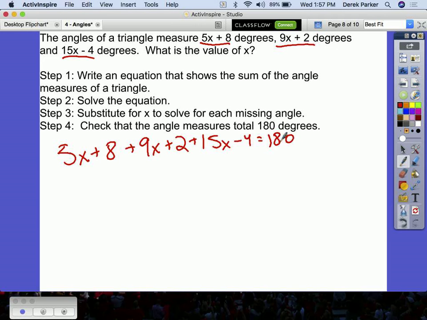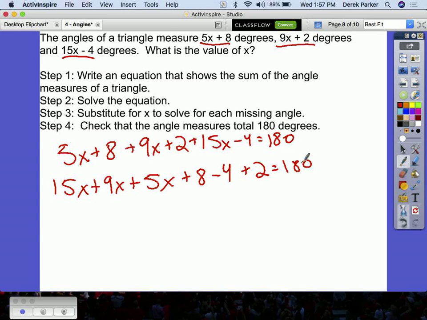Now, I'm going to rewrite that to where my like terms are together: 15x plus 9x plus 5x plus 8 minus 4 plus 2, and all that equals 180 degrees.